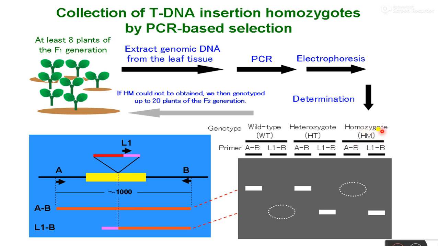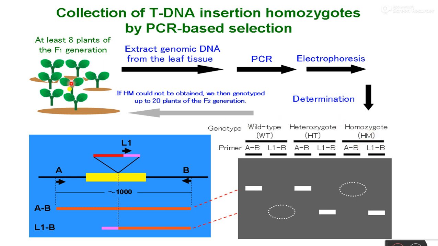So that's why homozygous mutant lines will be the ideal lines to study the effect of a particular gene, or to study the phenotype of a particular gene, because in this homozygous mutant line, in both the homologous chromosomes, you will find the mutant gene, right?